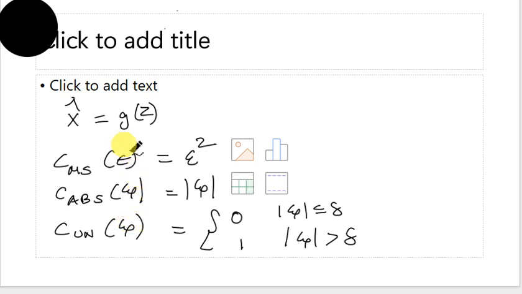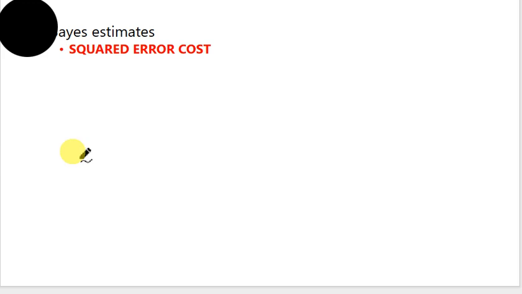Now let us look into these three Bayes estimates, that is the mean square, absolute and uniform. Okay, what is this? You have Bayes estimates, which are nothing but the cost function C of dot. So first we will look into what is a squared error cost.